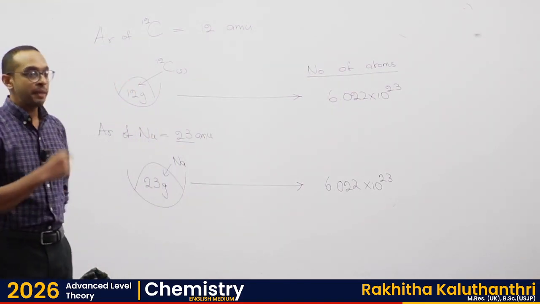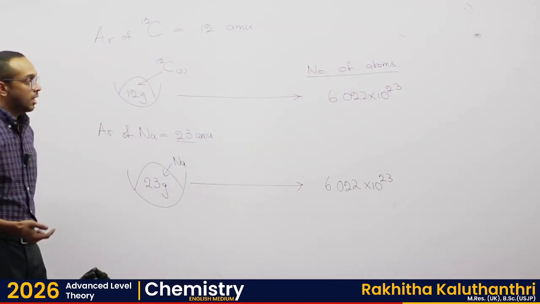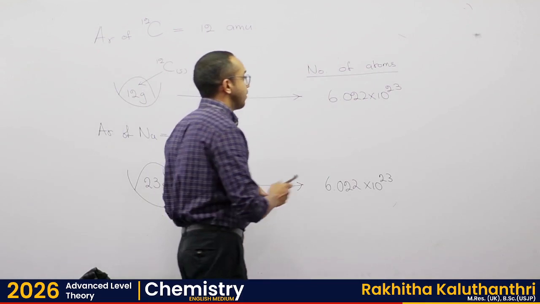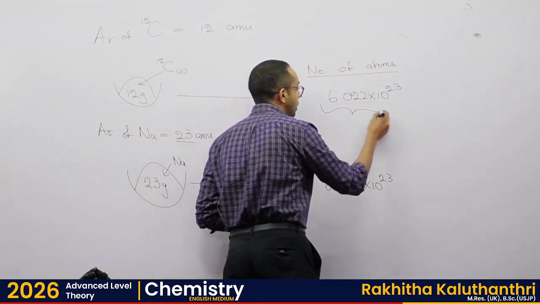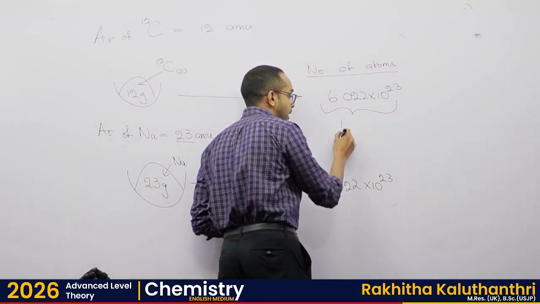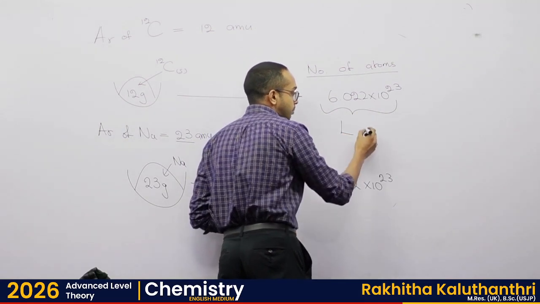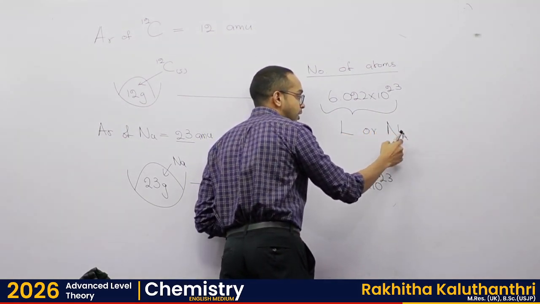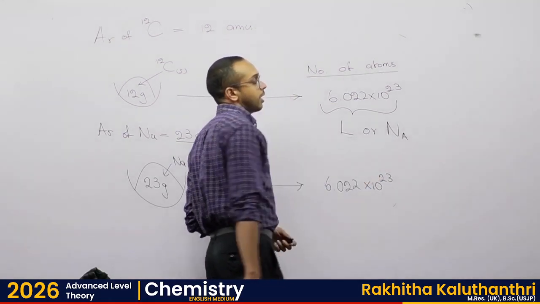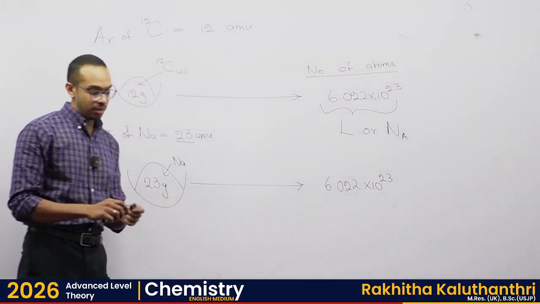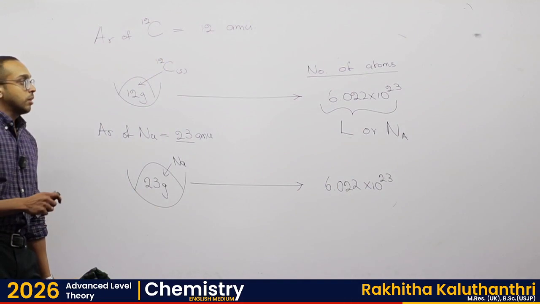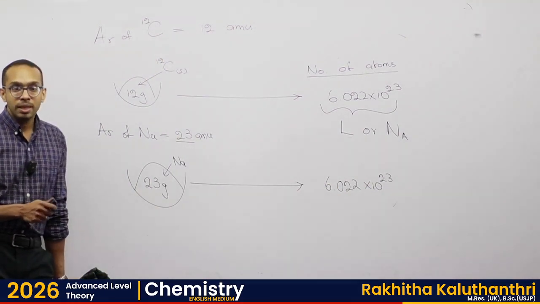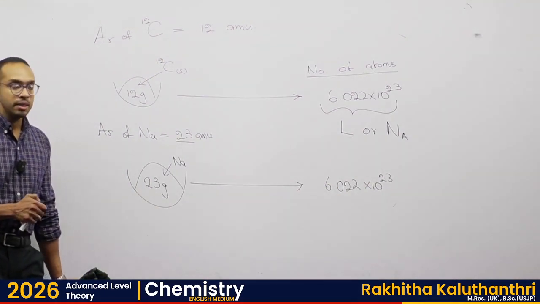So therefore, he communicated his findings and he called this number Avogadro's number, commonly indicated by the symbol L. Sometimes we use Na. Na or L, both are used for Avogadro's number. Is that clear? Do you understand?